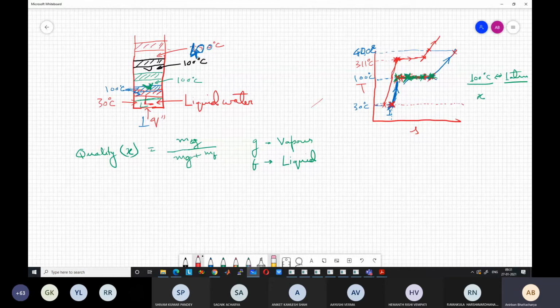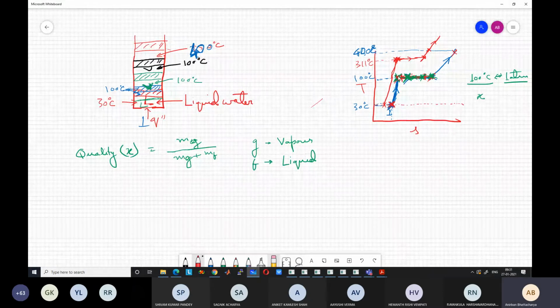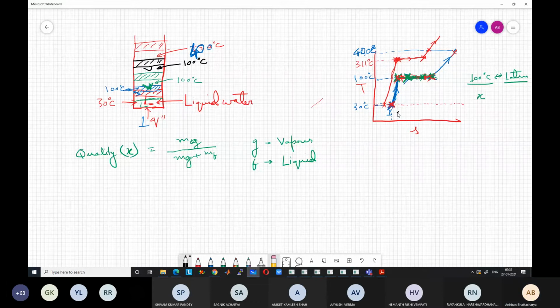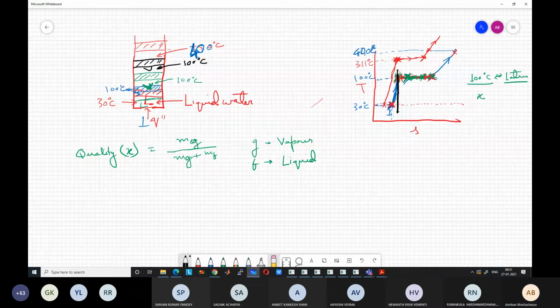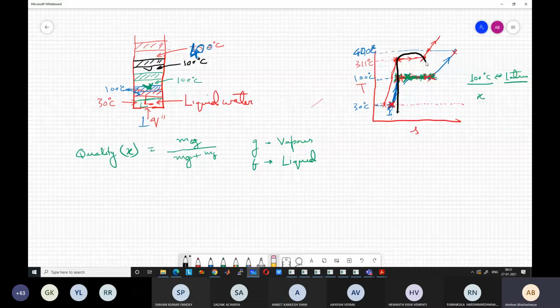If you join these points, again my diagram is not very accurate, you get a curve like this. This curve is known as the saturation curve.